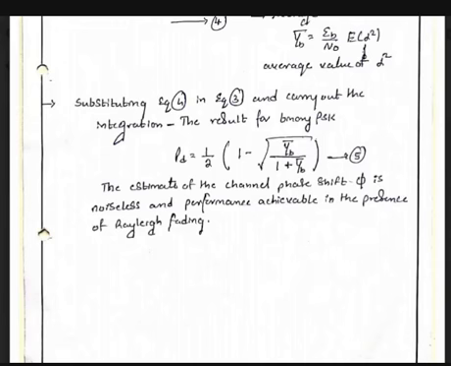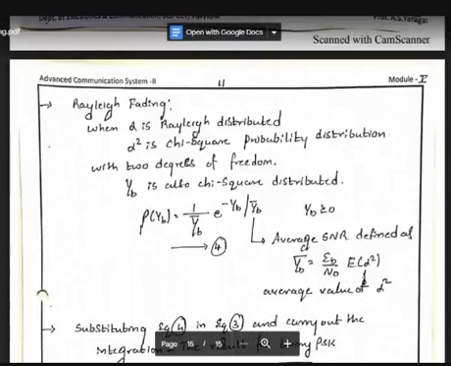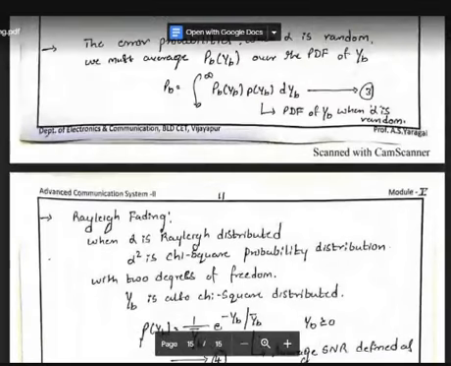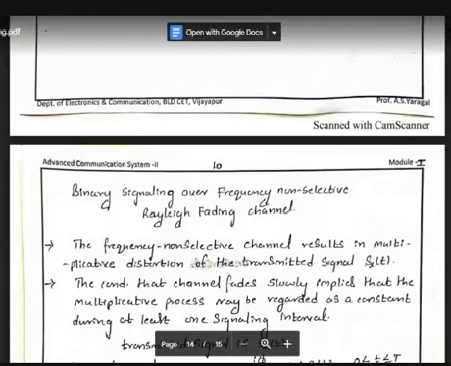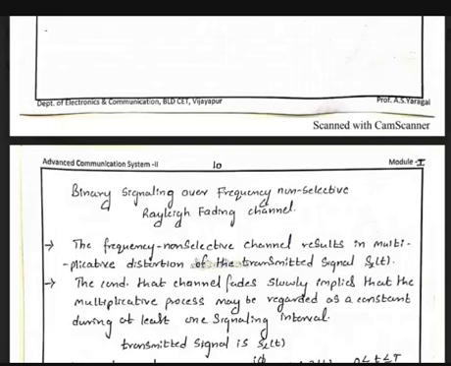This is how we can understand binary signaling over a frequency non-selective Rayleigh fading channel.